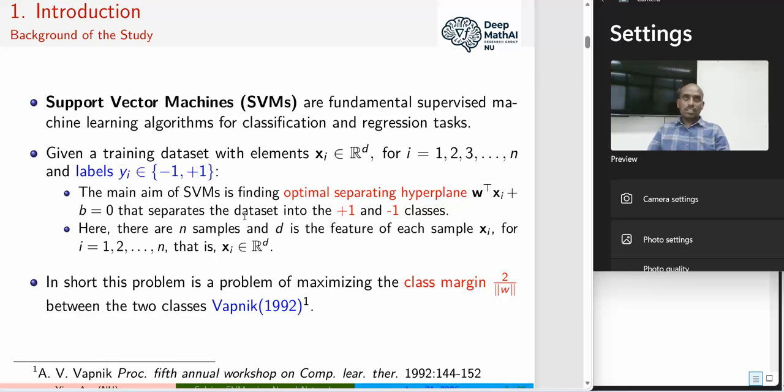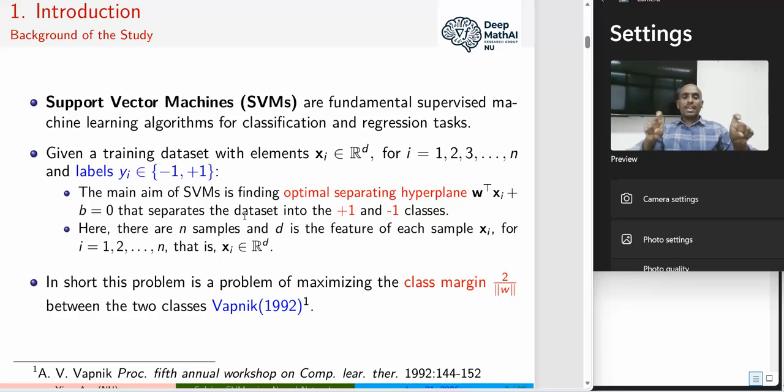What is the margin? The margin is like the distance between the nearest points of the two classes, which means the points which are nearest to the hyperplane from each class are called the support vectors of the classes.